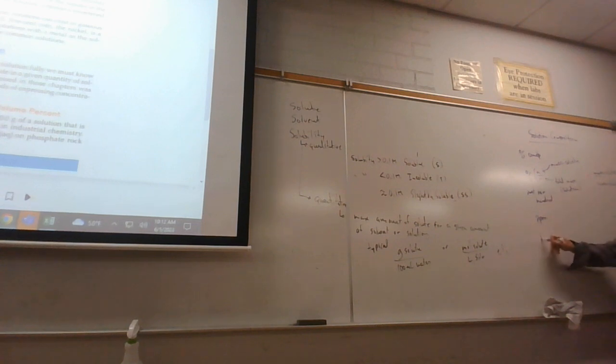And then we have part per billion. It's the same thing except we multiply by a billion, ppb, or part per trillion, which is multiplied by a trillion, ppt. And then of course we can reverse it.